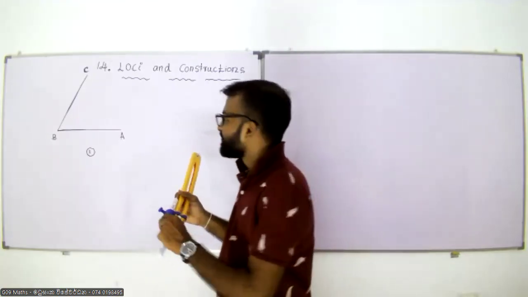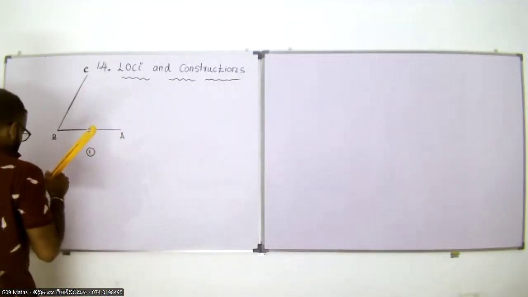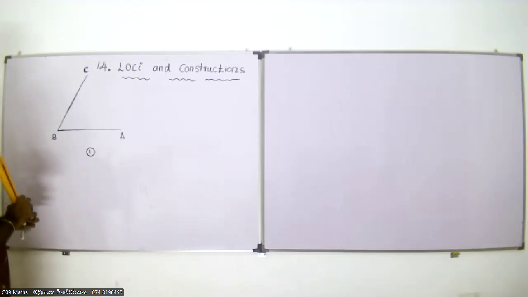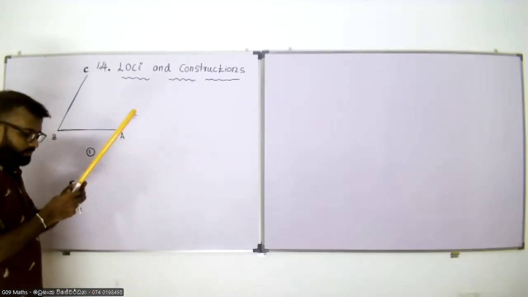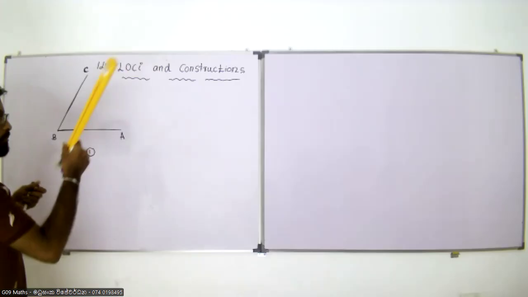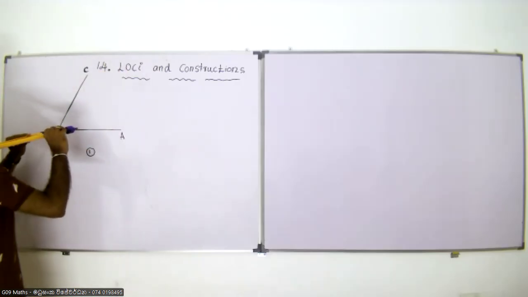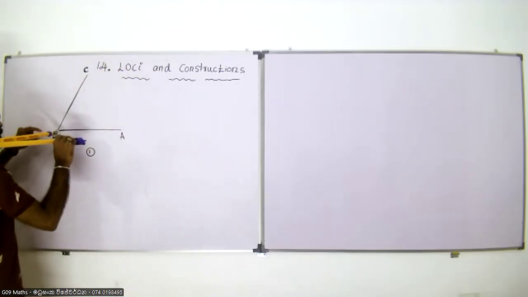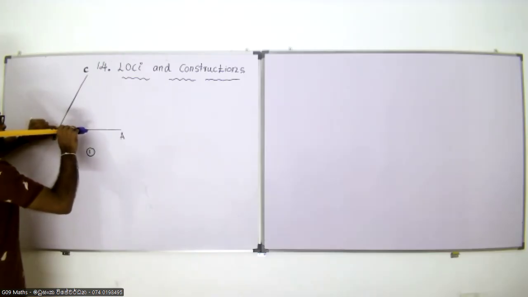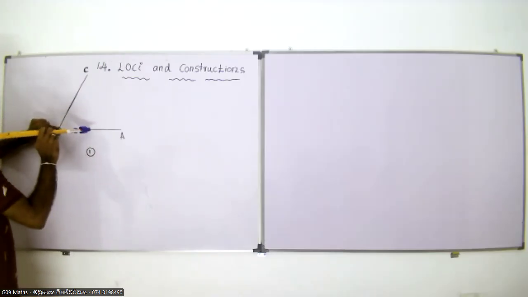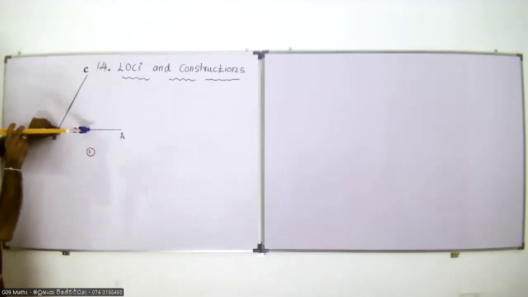So first of all, what you are going to do is you are going to take your pair of compass, and put the point of the pair of compass on the point B, and take some distance like this, a smaller distance.